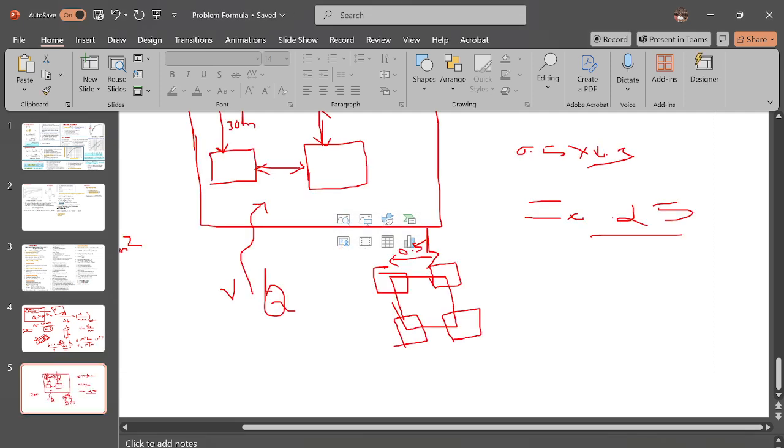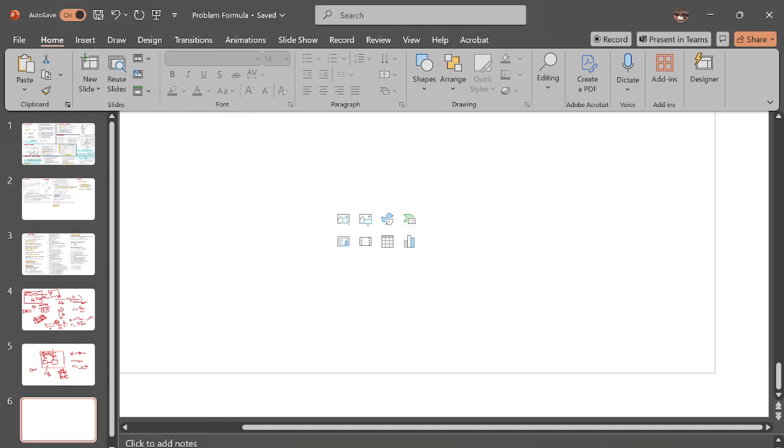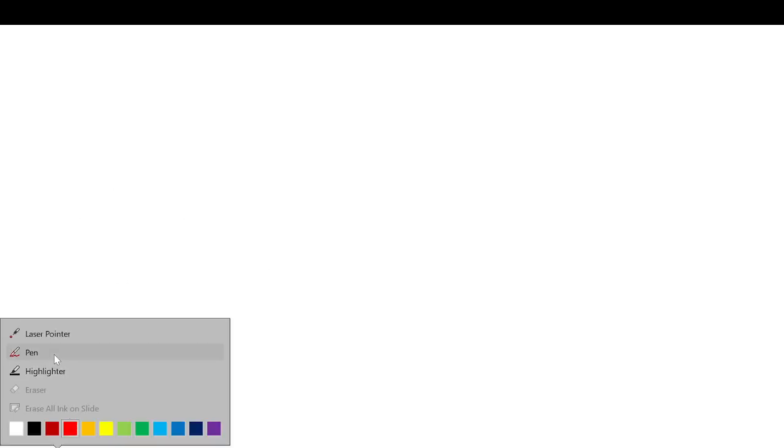Okay, there is a length of bag. 3 meter, 3 meter length, and 0.2 meter wide.